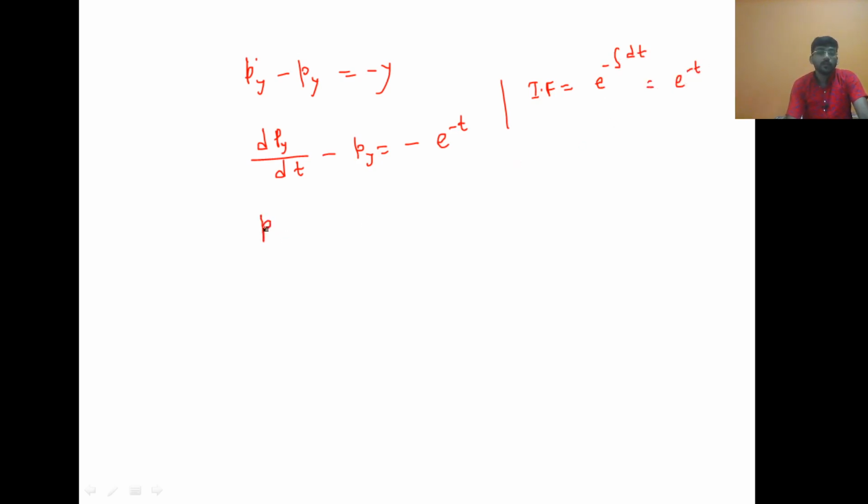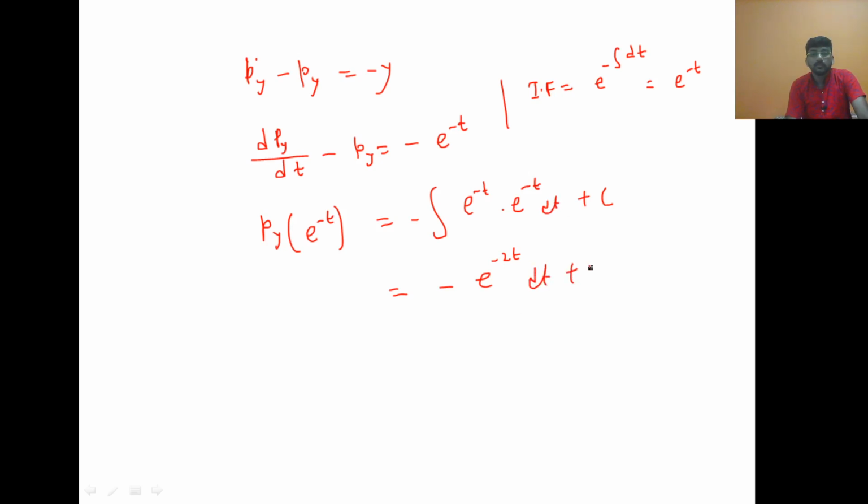So the solution will be py into e to the power minus t is equal to integration of minus e to the power minus t into e to the power minus t, plus c. Okay, so it will be minus e to the power minus 2t dt plus c.